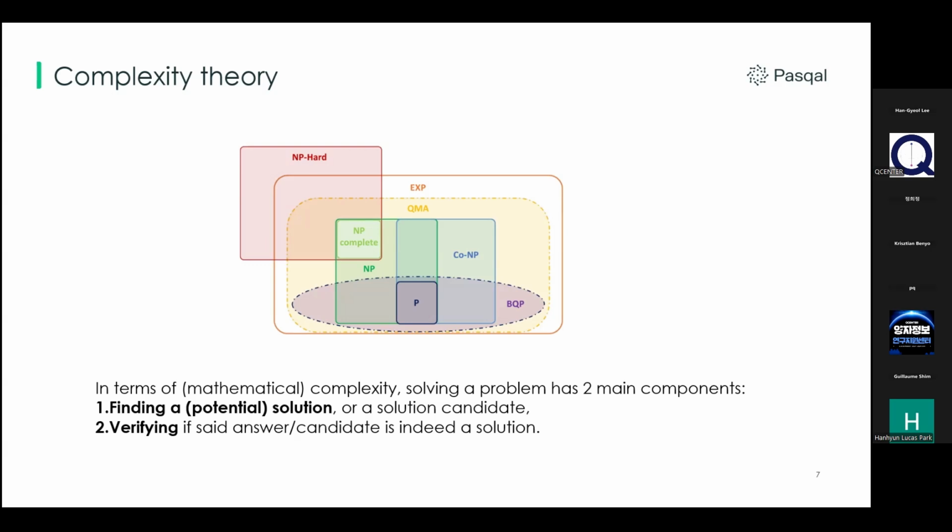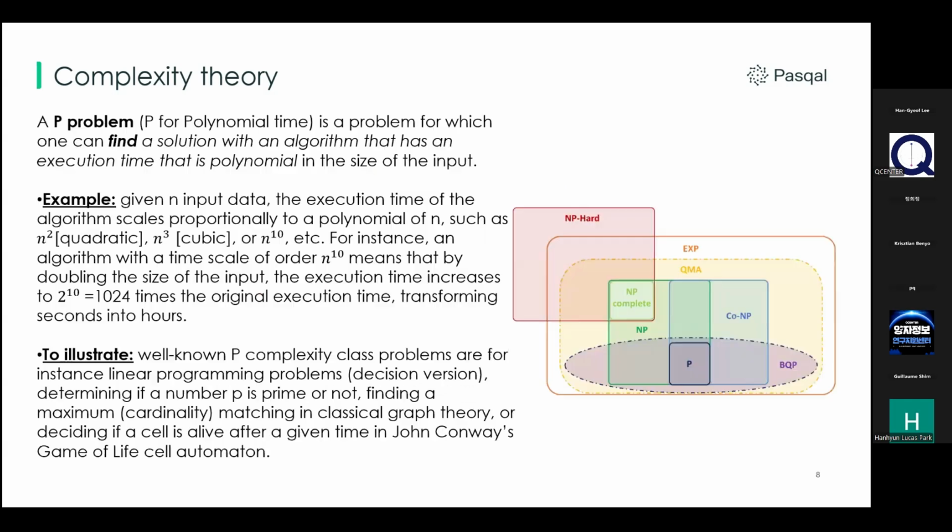So there's a lot of unknowns, even from a classical side. You might have heard about this: one of the 7 famous millennium problems in mathematics is actually asking about whether 2 of these complexity classes are one and the same or not, just out of curiosity.